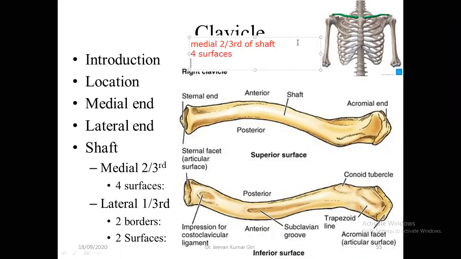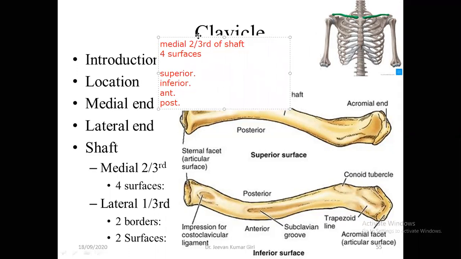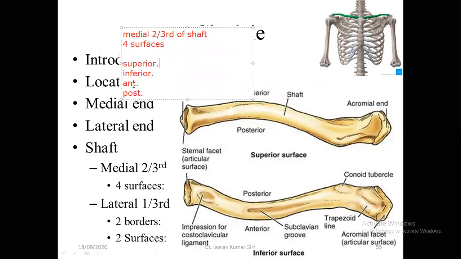So these four surfaces, they are superior, inferior, anterior and posterior. So these are the four surfaces. Now you have to know some features. So superior surface, inferior surface, anterior and the posterior surface.